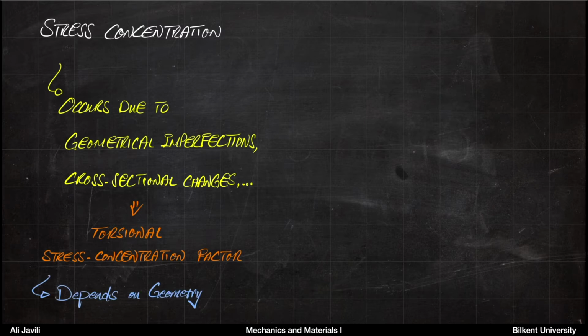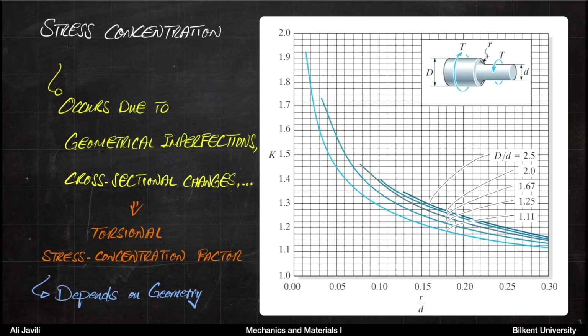The good news is that, similar to axial loading, the stress concentration factor in a torque-related problem, or in torsion, depends on geometry. What that means is that for different geometries or dimensions, you can calculate the stress concentration factor. The graph here shows you the stress concentration factor, for instance, for a shaft.